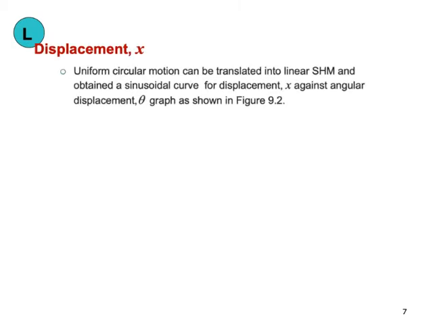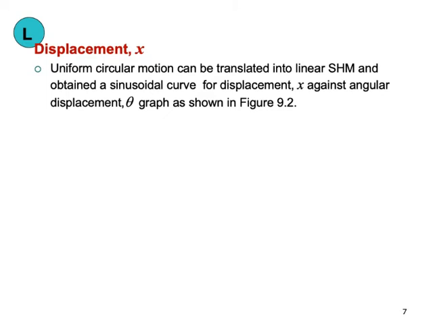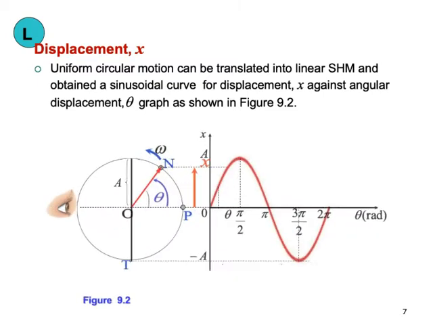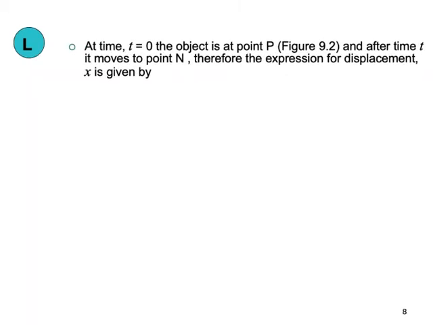Displacement x. Uniform circular motion can be translated into linear simple harmonic motion and obtain a sinusoidal curve for displacement x against angular displacement theta graph as shown in figure 9.2. At time t equals to 0, the object is at point P, and after time t, it moves to point N. Therefore, the expression for displacement x is given by x equals to A sine theta, where theta equals to omega t.